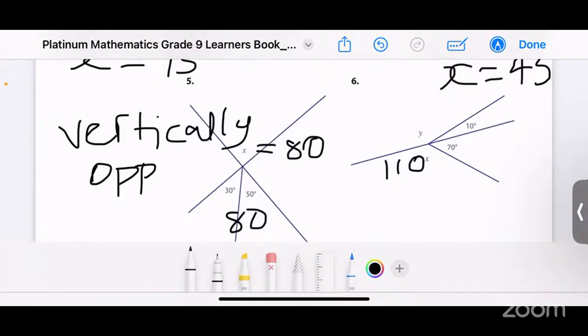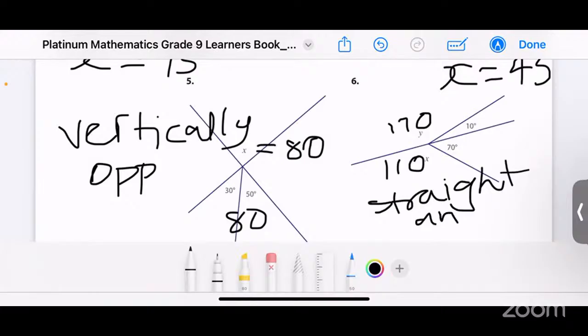Yes, y is 170. That's what I was waiting for. That one is a straight angle. You must know that this one is a straight angle. Remember, we only learn about the straight angle and vertical opposite. So that's what they are testing on us.